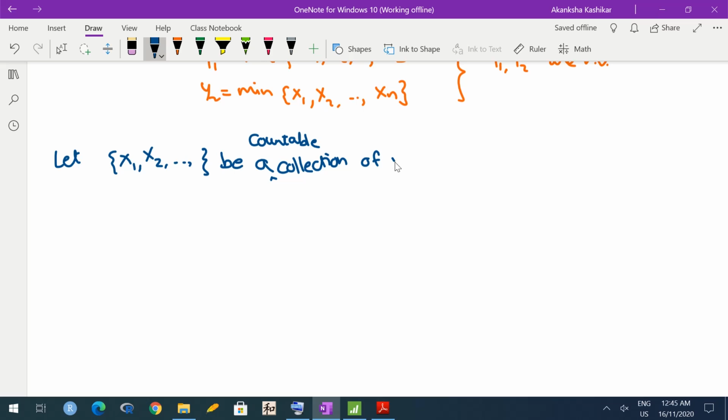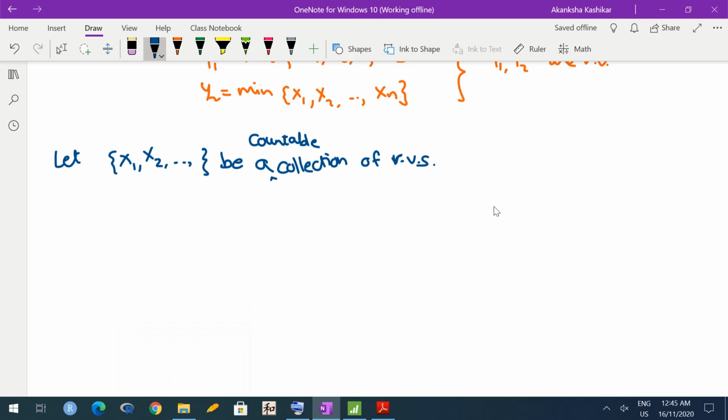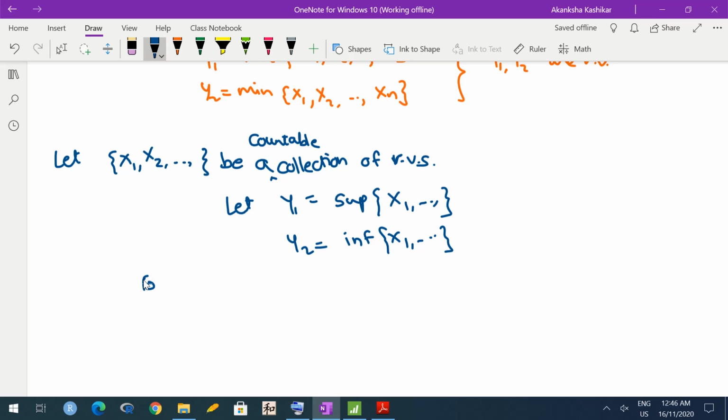It's a countable collection of random variables. Let Y1 be defined as the supremum over X1, X2, etc., and Y2 be defined as the infimum over X1, X2, etc. Then our job is to prove that Y1 and Y2 are random variables.